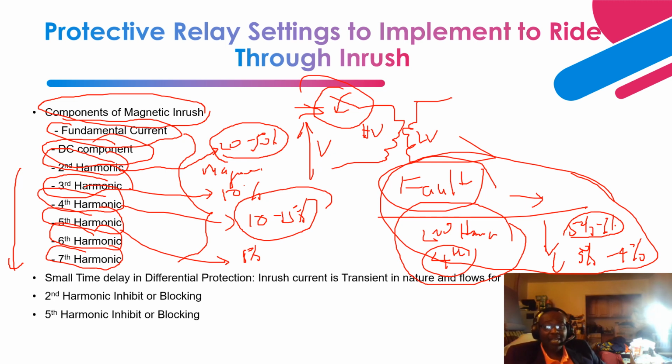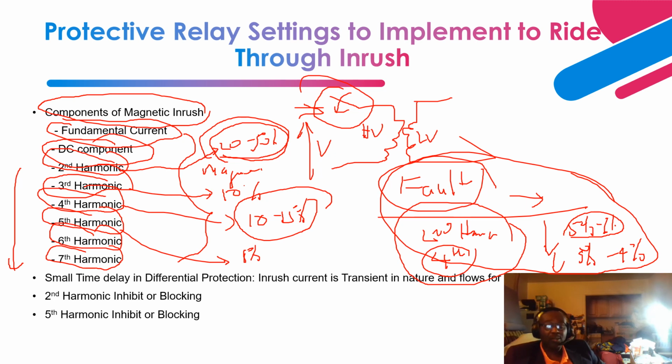On the other hand, if I don't have any fault current flowing and I have that amount of inrush current of the second and the fourth harmonic as a ratio of the fundamental current, then I have an inrush condition. So I'm not going to trip the transformer. Yes, I'll ride through it and energize the transformer.